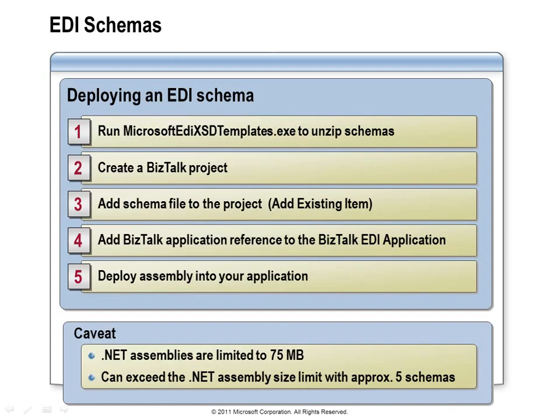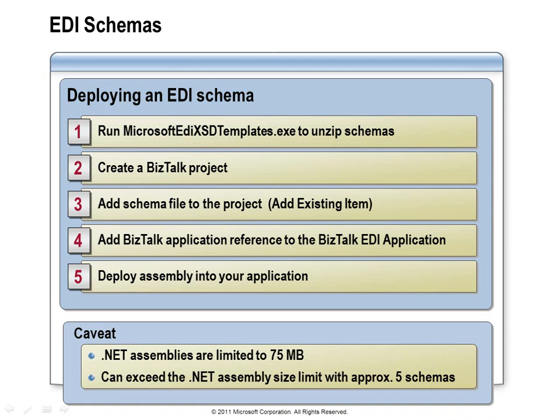So the first step would be to unzip those schemas somewhere. You're going to start a BizTalk project in Visual Studio and add only those schema items that you need to the project. And then if you need to, you could customize or modify those with the namespaces as appropriate for the parties that you're dealing with.